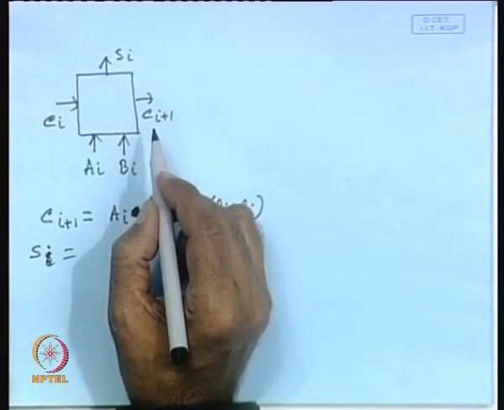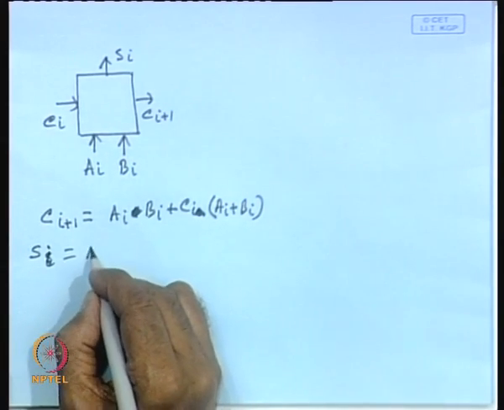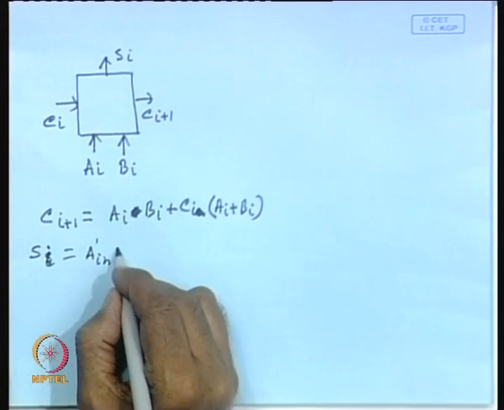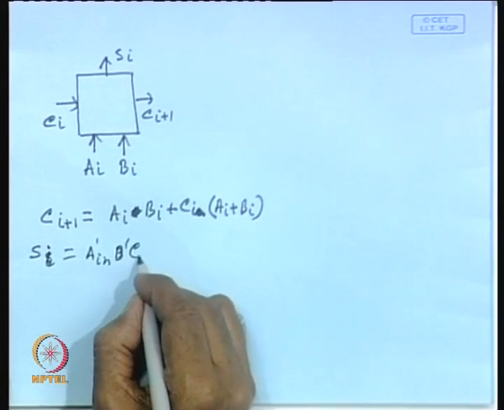That means it is like this, Ai dash, Bi dash, Ci.